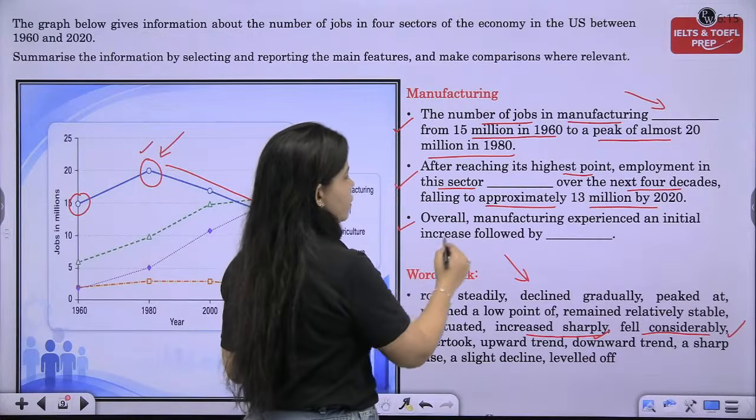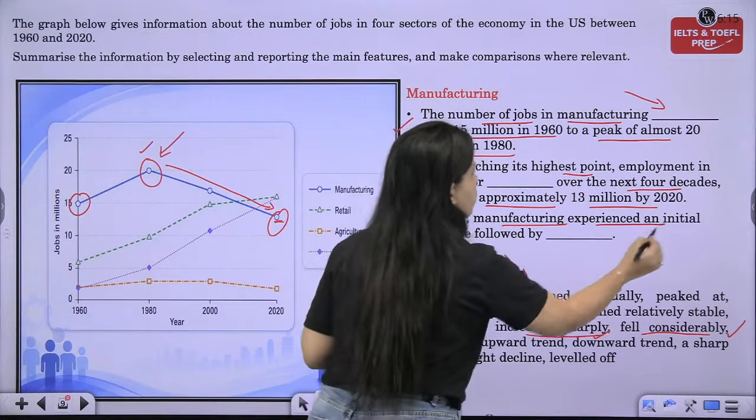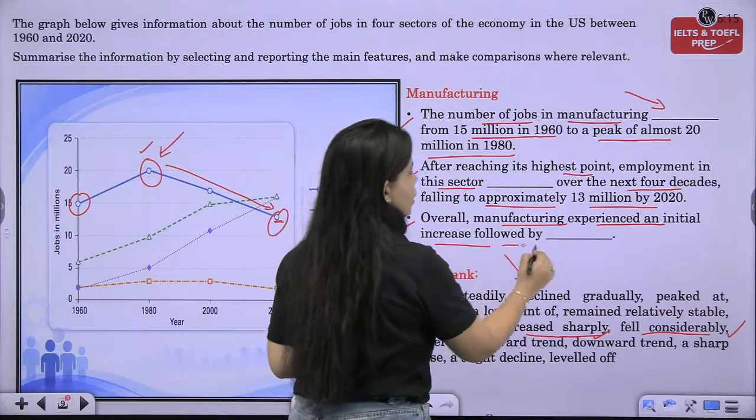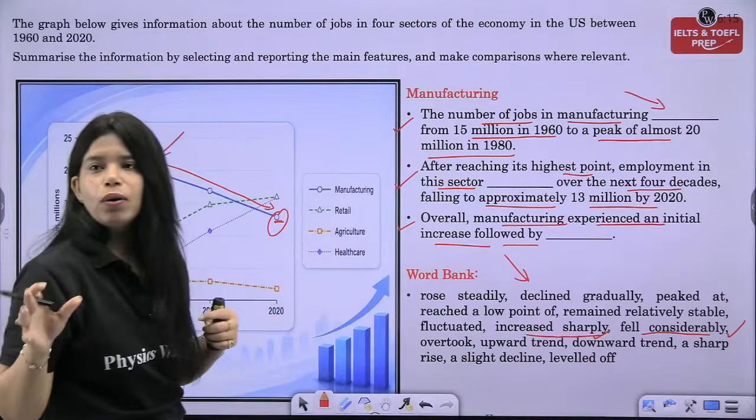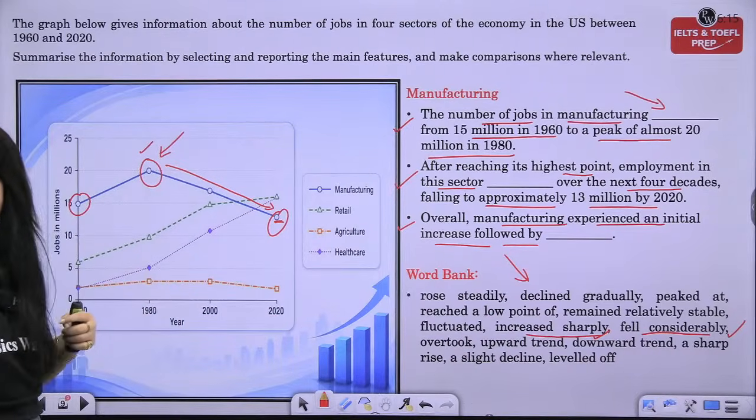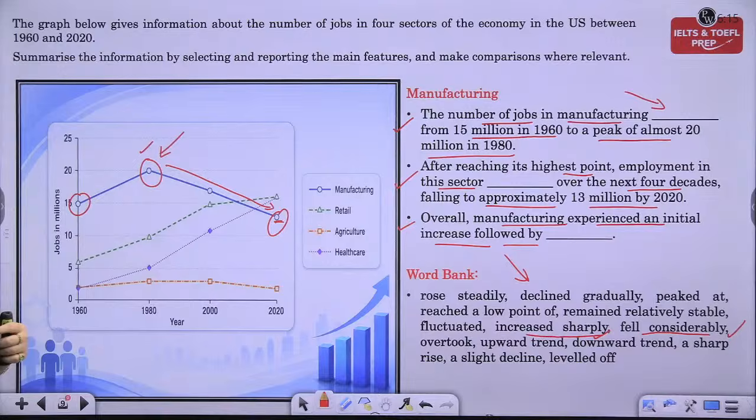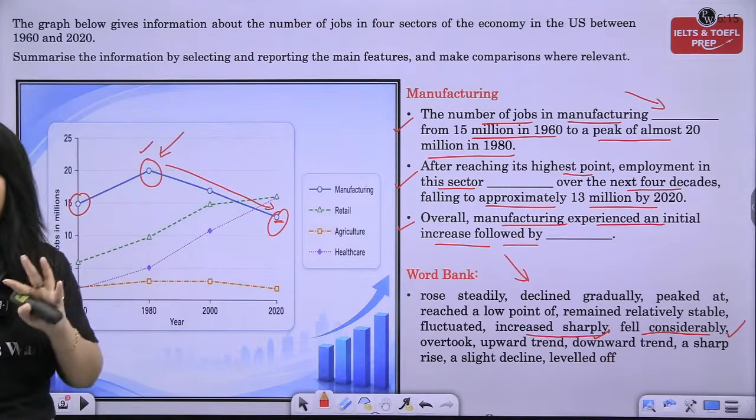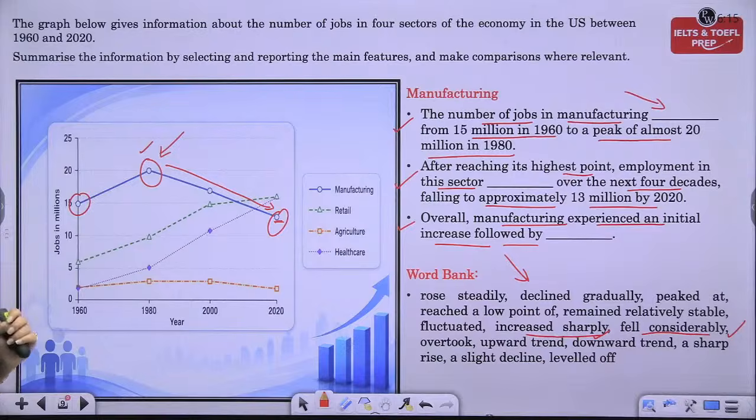And the final one says overall manufacturing experienced an initial increase followed by dash. Followed by what? It's not gradual विकास, it's considerable. 20 से 13 आ रहा है तो काफी अच्छा खासा डिक्रीज है ये, gradual नहीं है. Okay. Look at the third one. Manufacturing experienced an initial increase followed by.